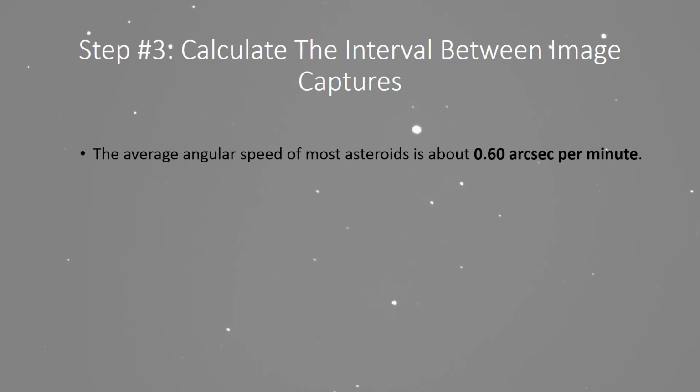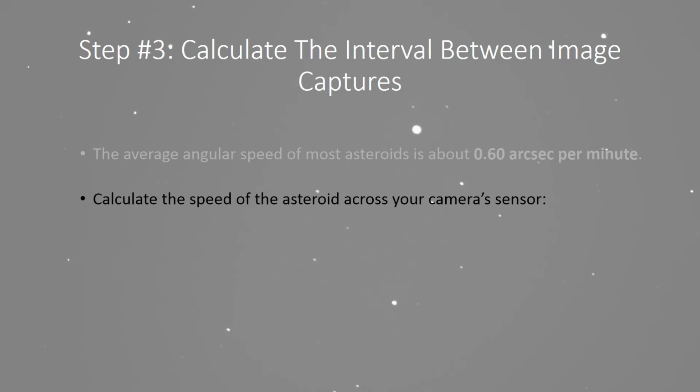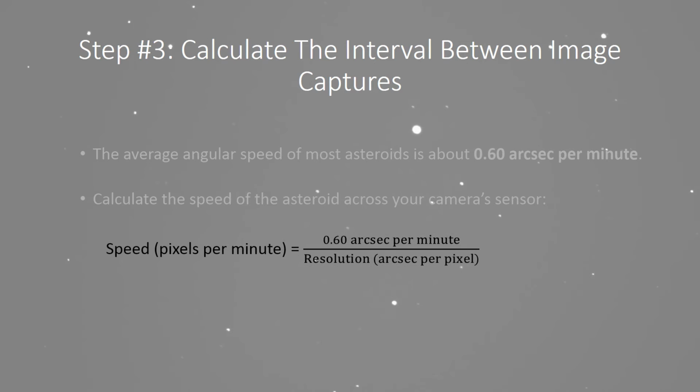calculating the interval between image captures, the average angular speed of most asteroids is about 0.60 arcseconds per minute. To calculate the speed of the asteroid across your camera's sensor, use the formula: speed in pixels per minute equals 0.60 arcseconds per minute divided by resolution in arcseconds per pixel.